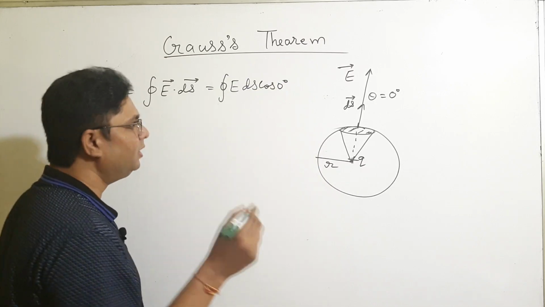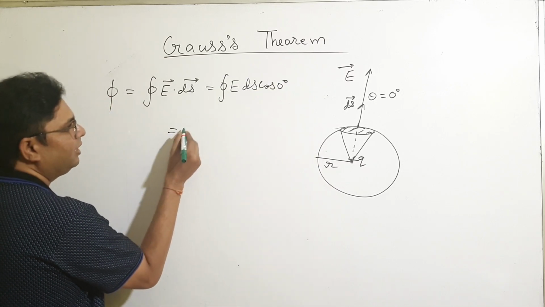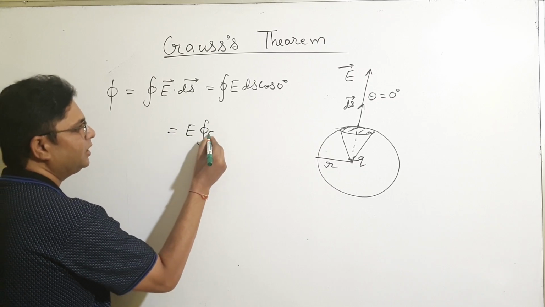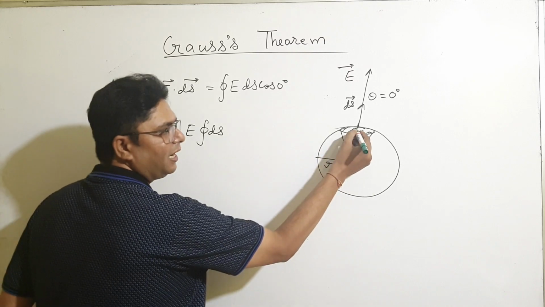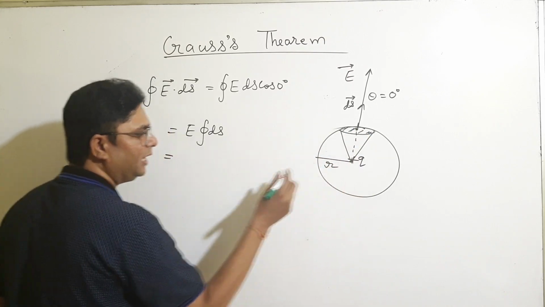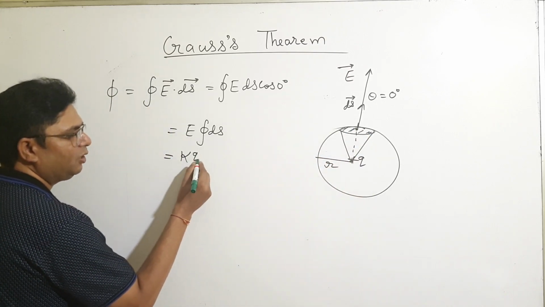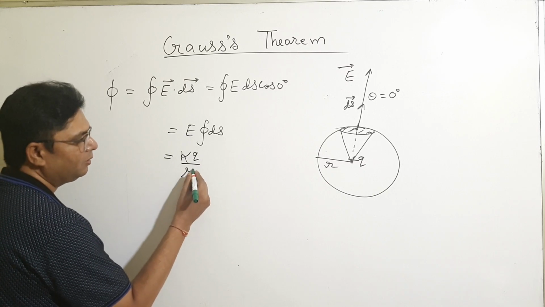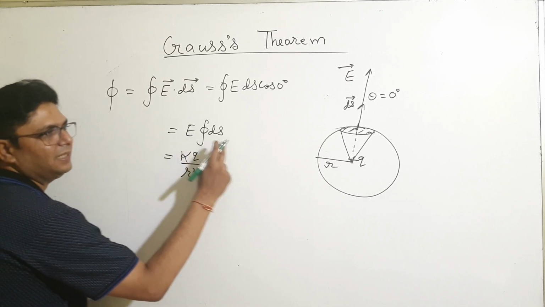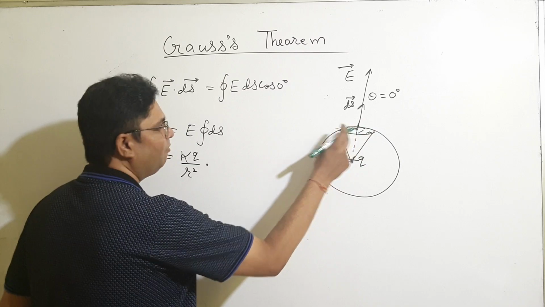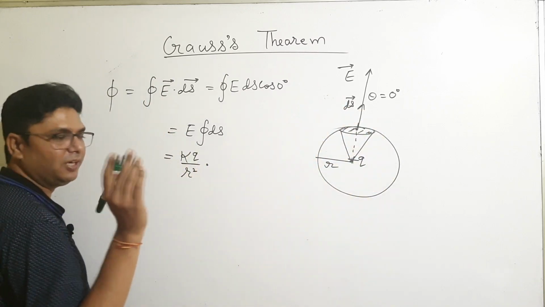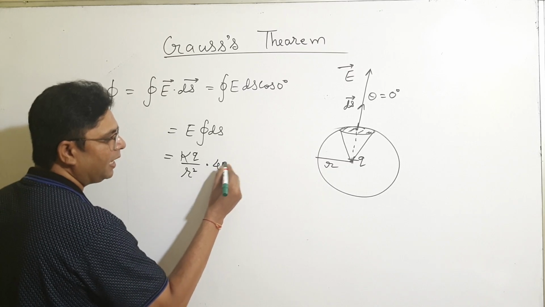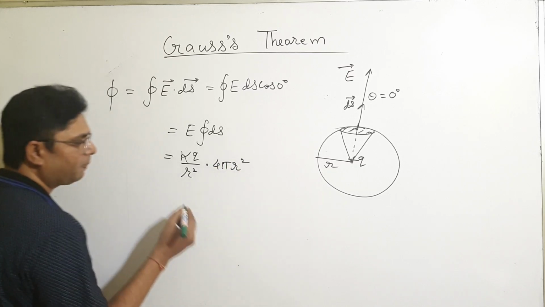Cos 0 is 1. So you have E closed integration ds. What is the value of electric field at this point due to this plus q charge? This is k q upon r square. And ds is the small area here. When you integrate it, you get the area of the whole sphere. Area of a sphere is 4 pi r square.